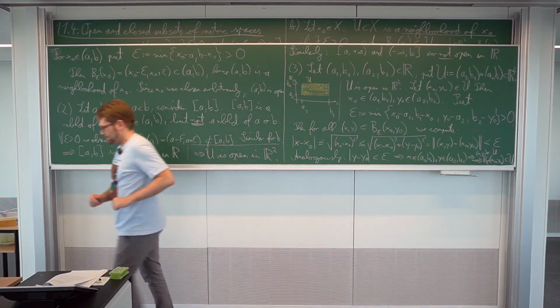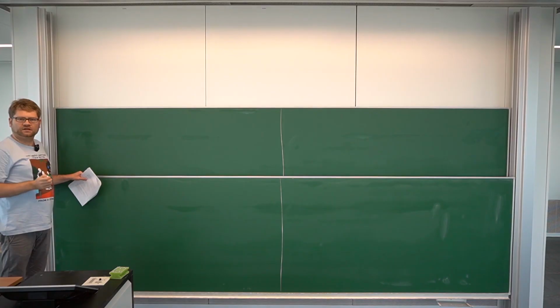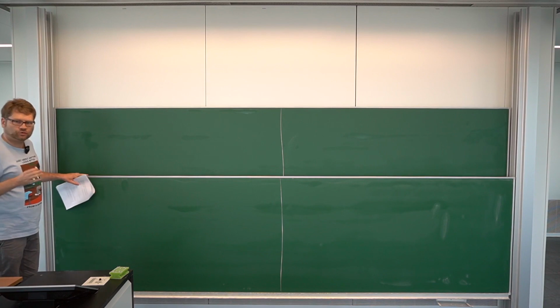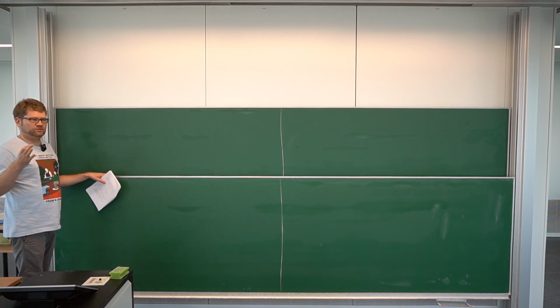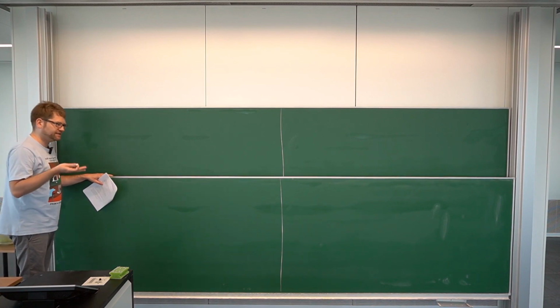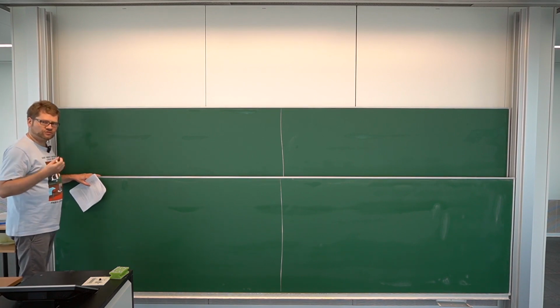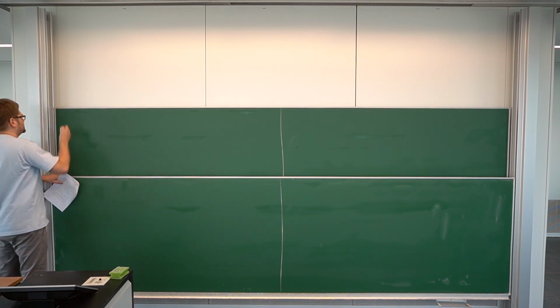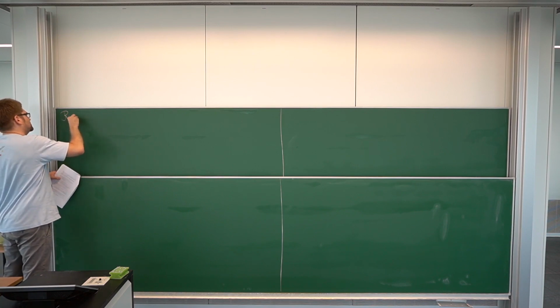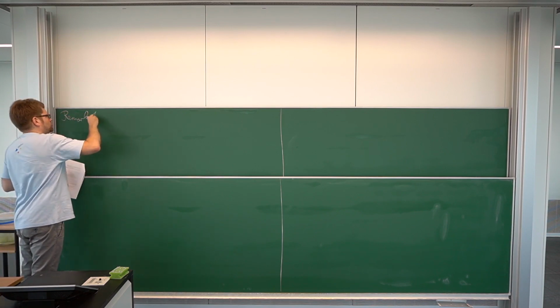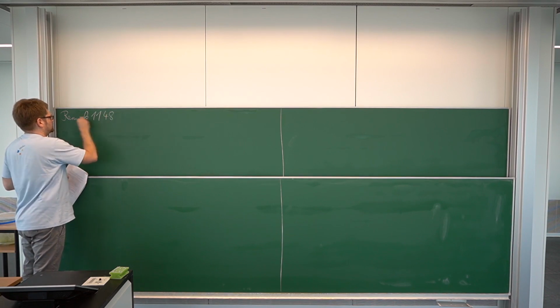Let me erase. The first thing I want to observe about open balls in an abstract way is that we define continuity with these epsilons and deltas, and it turns out if we just use this formalism of open balls, we can formulate this a bit more concisely. Namely, let me put this as a remark 1148.